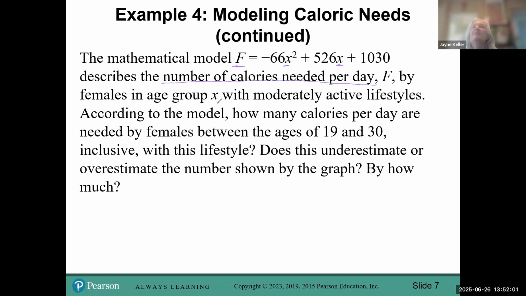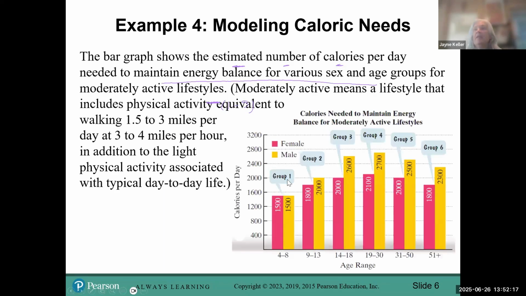And x is, for females, the age group that they're in. I think we had 5 of them, from 1 to 5. Were they in age group 1, 2, 3, 4, or 5? Let's look back here so we can remember. Okay, yes. Oh, 6 age groups. So group 1, 2, 3, 4, 5, or 6.